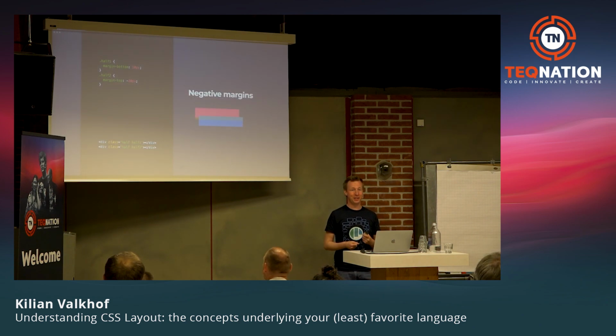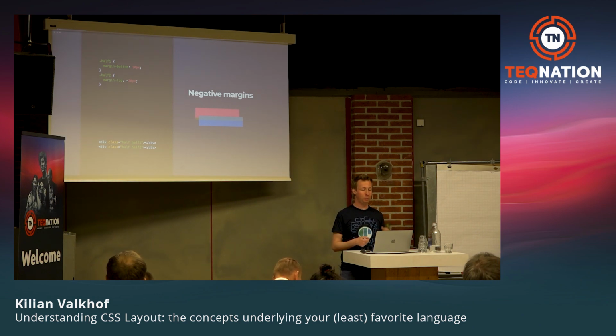But margins can also be negative. Now, when you use negative margins, you aren't actually adding space between elements, but you're changing the position of an element itself, which is a little weird when you think about it.